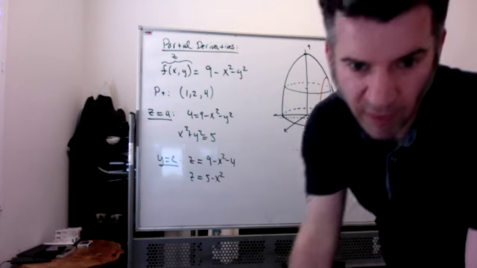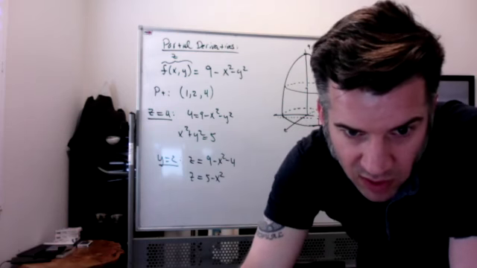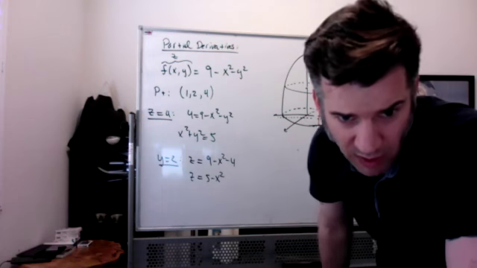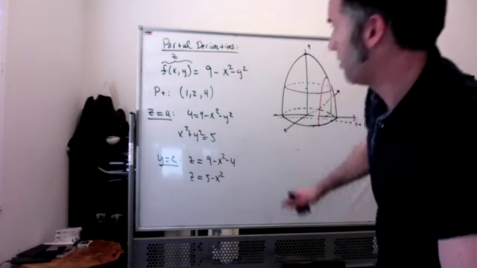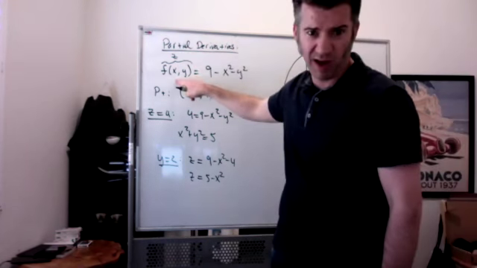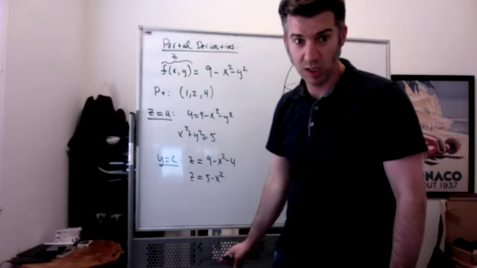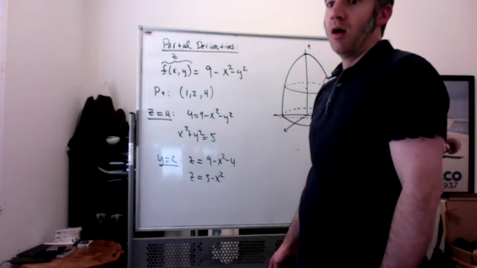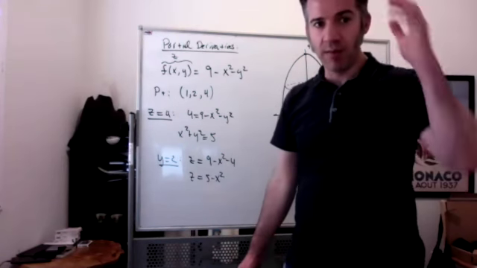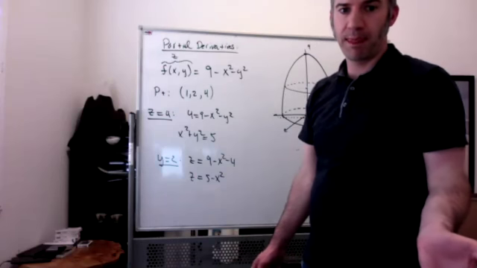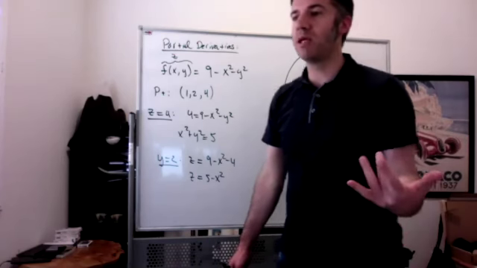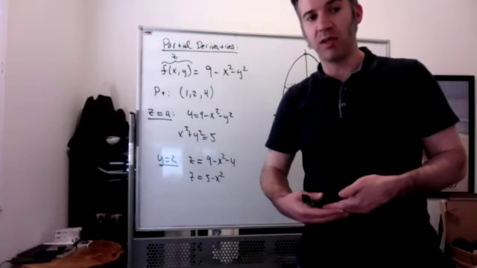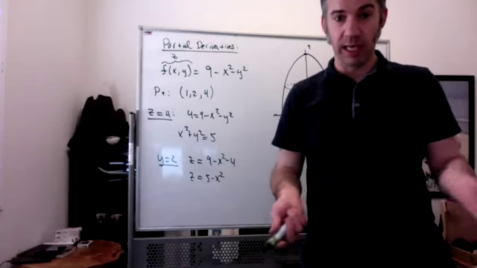Julian asks: if a variable isn't included in the function, does that always mean the function is equal to that missing variable? It's more that if you have a function of x and y, we usually think of that function as being z.